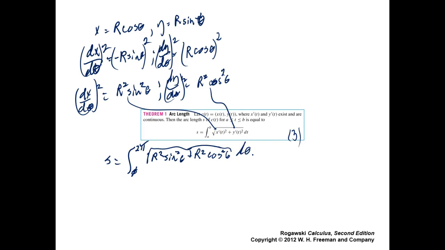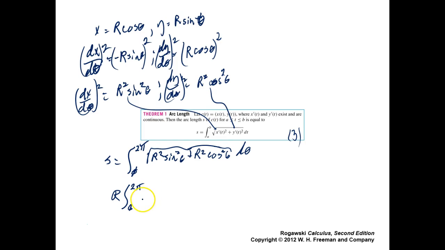Okay, that's what your limits are on theta. All right, can you see anything you might do to that radical? Exactly. Factor out an r squared, but the square root of r squared is r, so let's take that all the way out. It's just a constant.